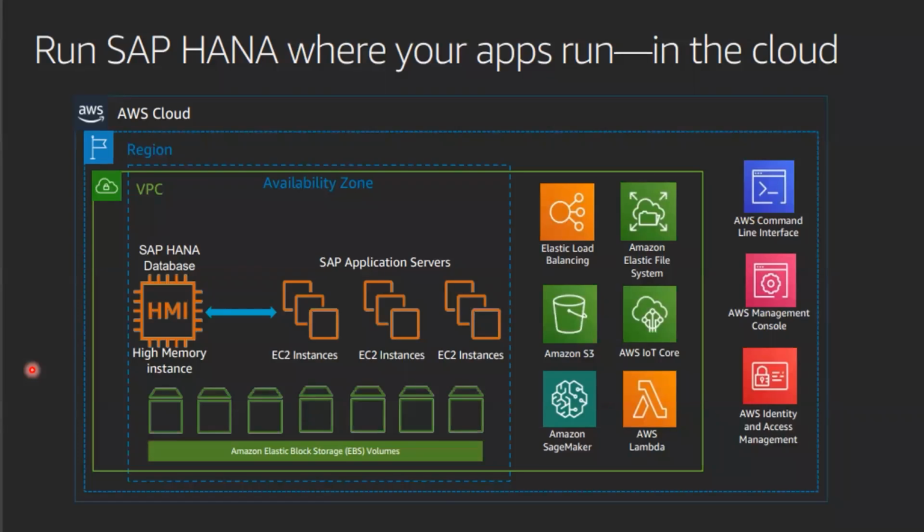So this is a high-level architecture, I would say, on how you can deploy SAP workload on AWS. You can see you'll have a pool of application servers running on EC2 instances, and then you will have a high memory instance for SAP HANA databases.